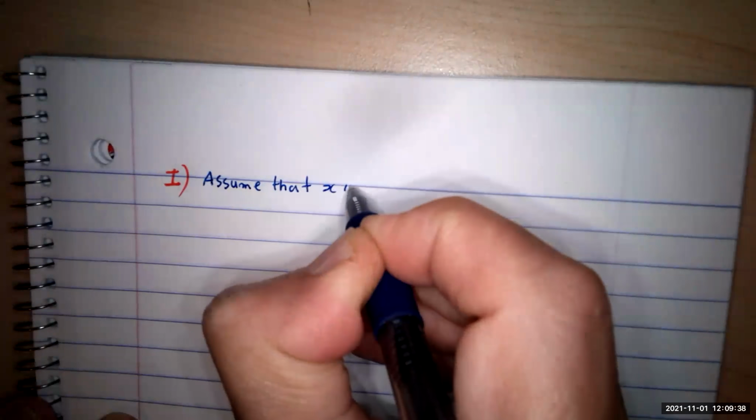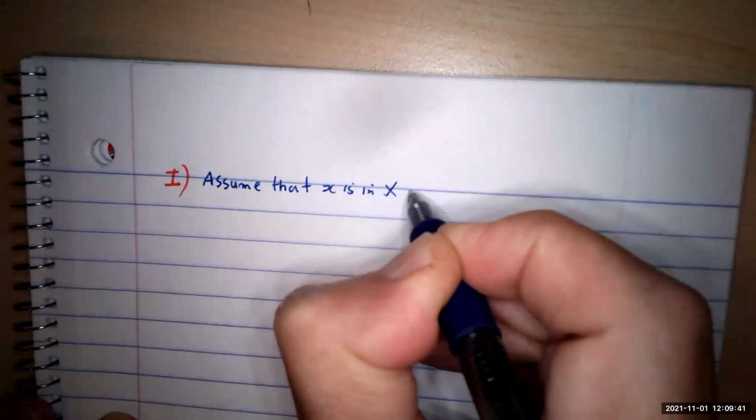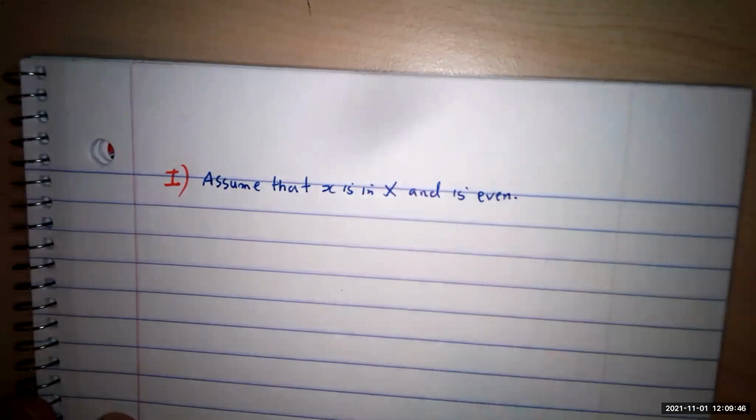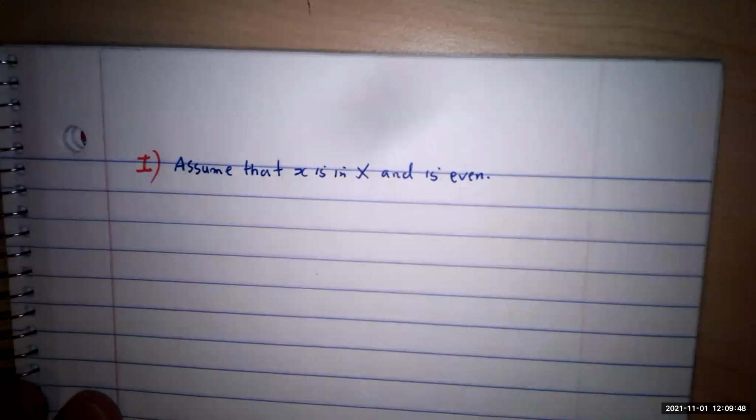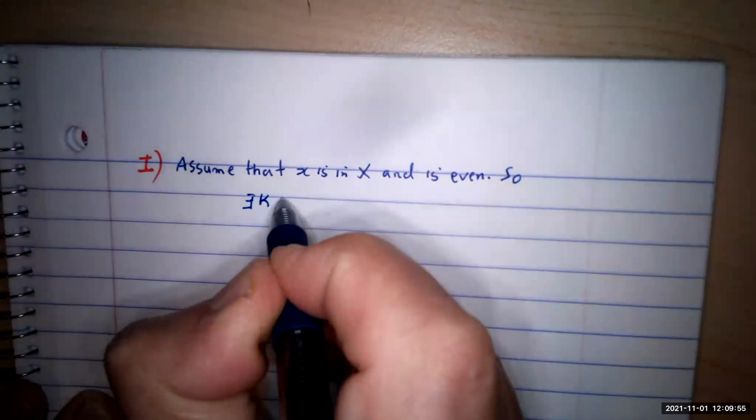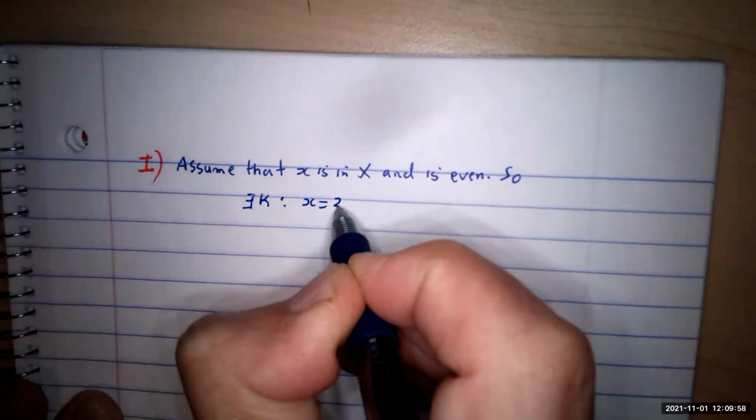So for the inductive part, you assume that x is in X and is even. So what's the definition of an even number? There is a k such that x is equal to 2k.